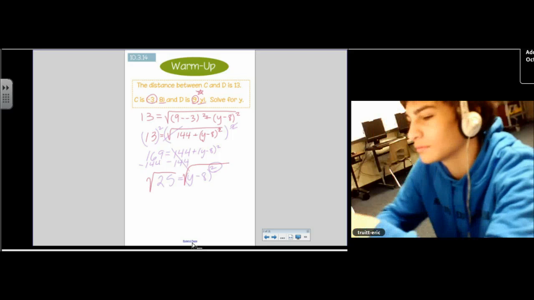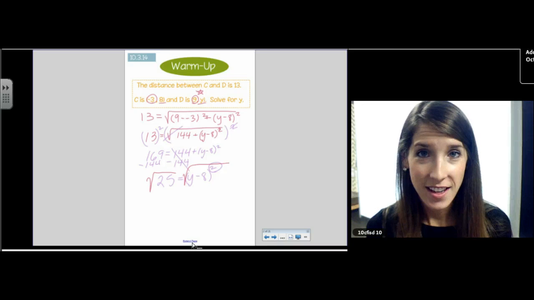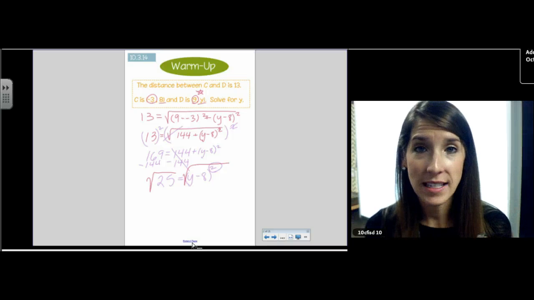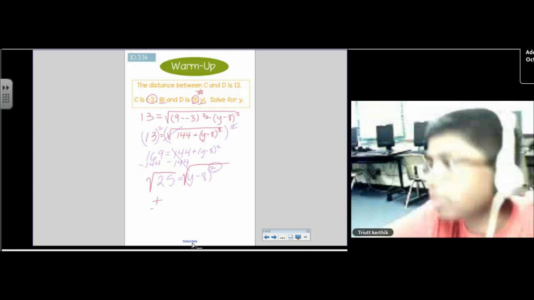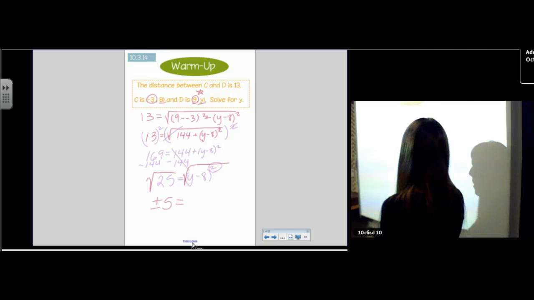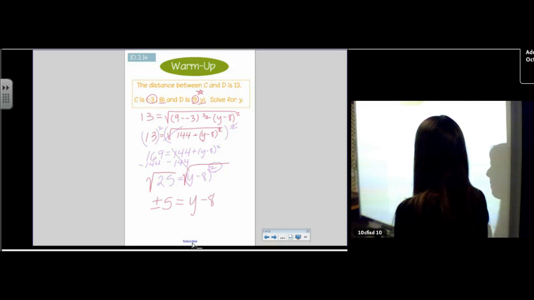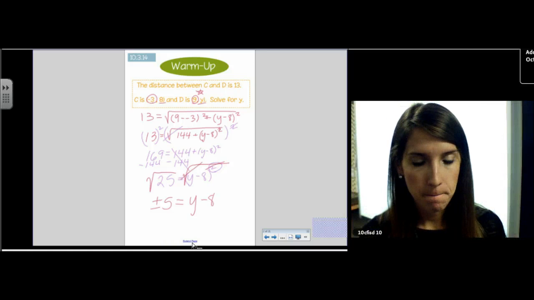Now when you square root two sides of an equation, you get plus or minus in your answer. So the square root of 25 is not 5, it's plus or minus 5. And that's going to equal y minus 8. The squared and the square root cancel, and you're left with y minus 8.